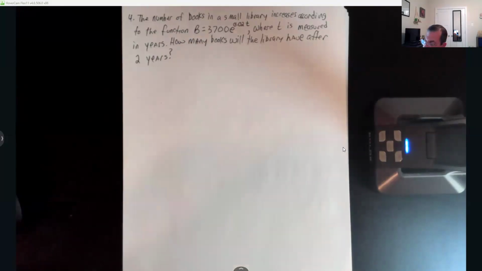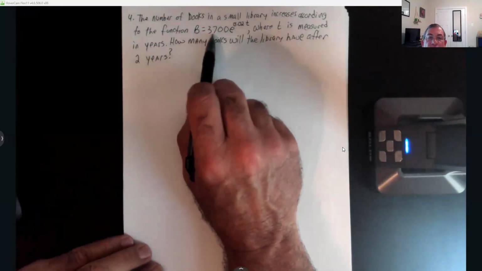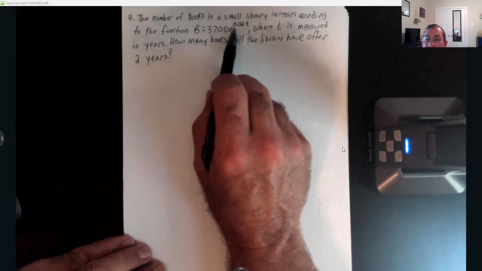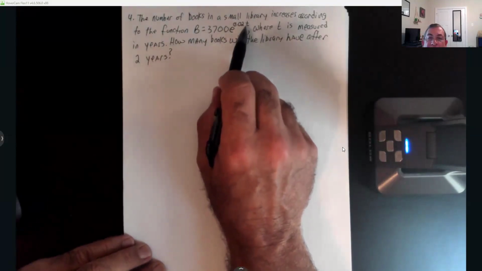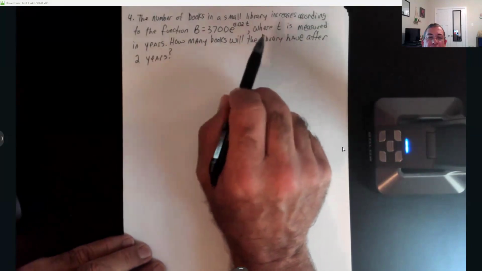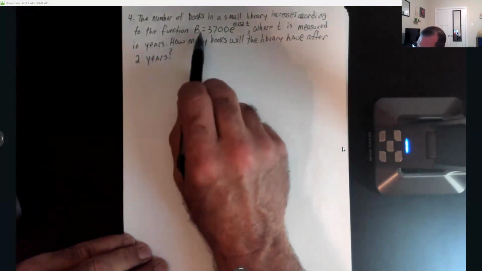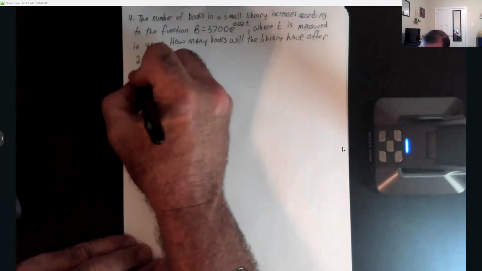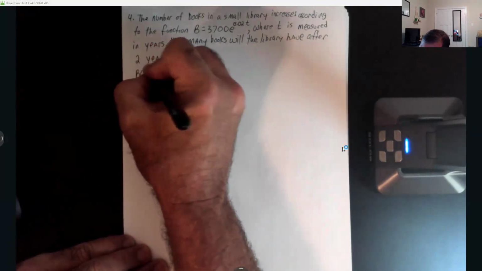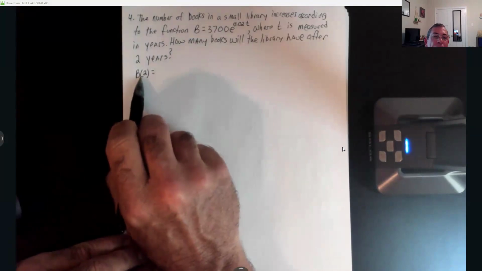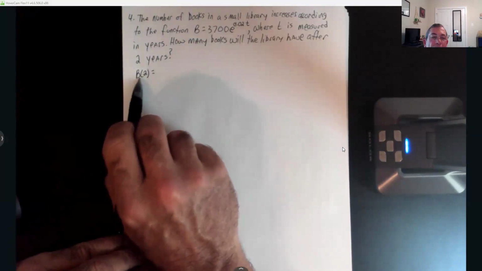All righty. So they gave me the formula, B equals 3,700 E to the 0.02 T, where T was measured in years. Well, they're giving me how many years? 2. So we're finding basically B of 2, if we were writing it in function notation.